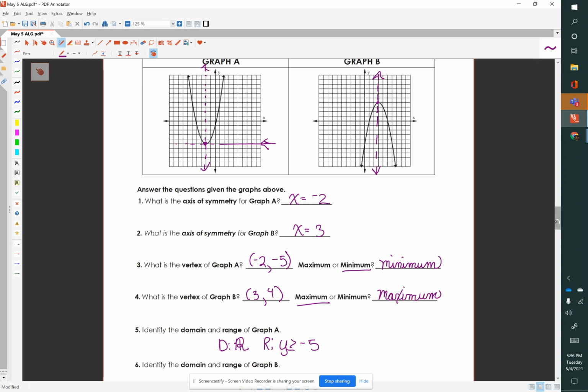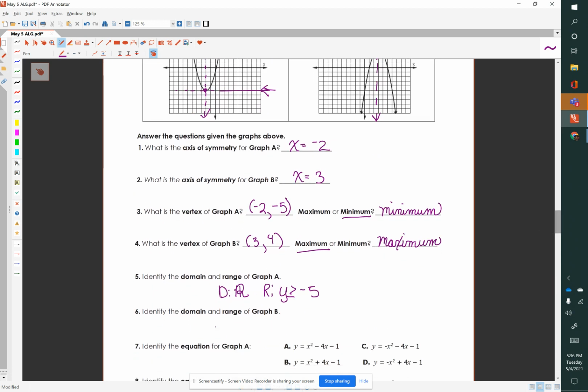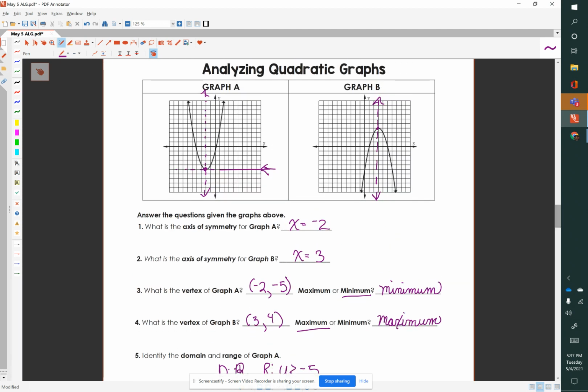Now the domain and range of graph B: the domain is all real numbers, and the range is all the values of y such that y is less than or equal to 1, 2, 3, 4.